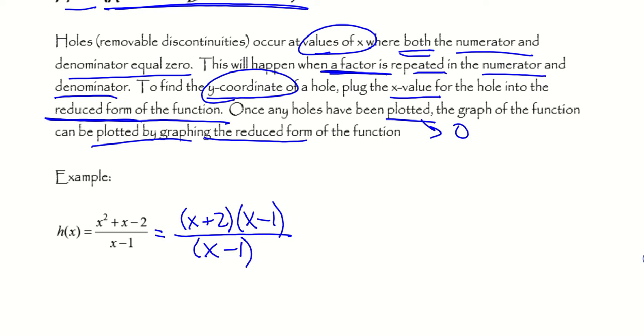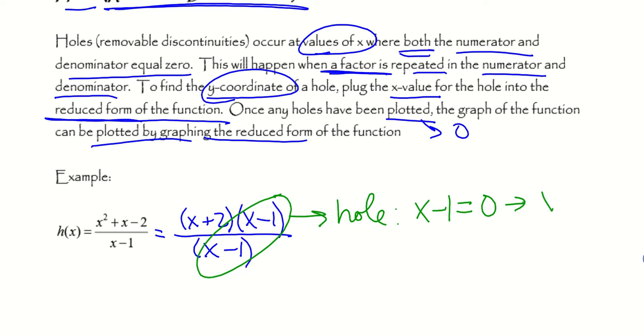Okay. We have a hole where we have a common factor, numerator and denominator. We have a hole produced, and that hole is going to happen where that repeated factor equals 0, which in this case will be x equals 1. So I know that I have a hole at the point 1, something.